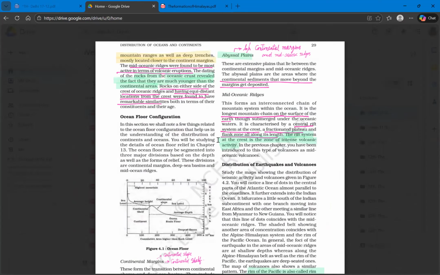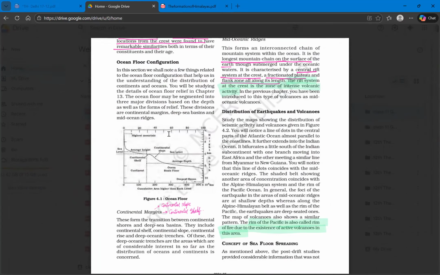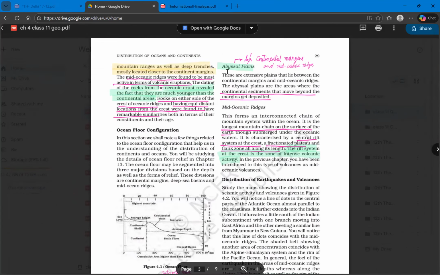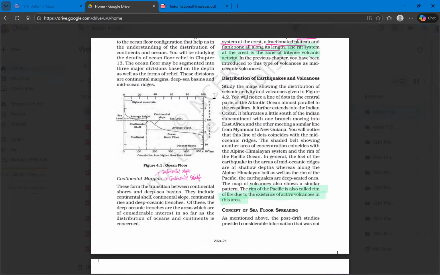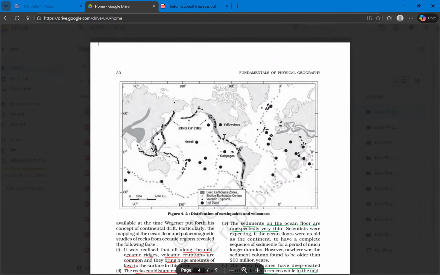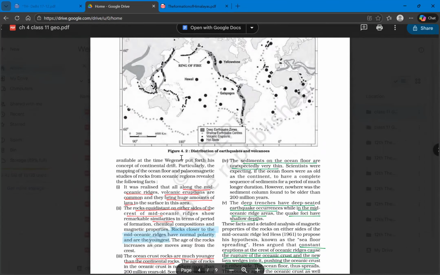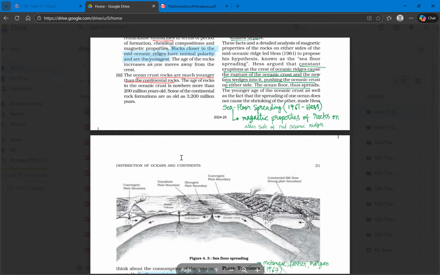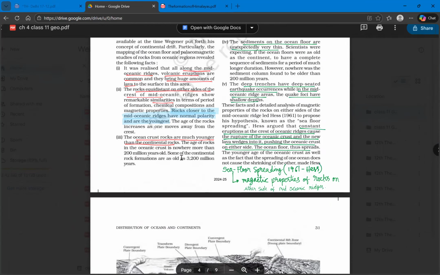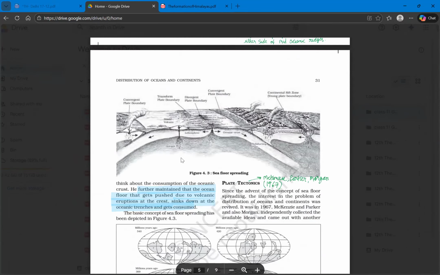We also learned the major divisions of the ocean floor, that is continental margins, deep sea basins or abyssal plains, and mid-oceanic ridges. And we learned the distribution of earthquakes and volcanoes. Here, this is the Pacific Ring of Fire, also called the Pacific Rim. And then we learned seafloor spreading, which was given by Hess in 1961, based on the magnetic properties of rocks on either side of mid-oceanic ridges.